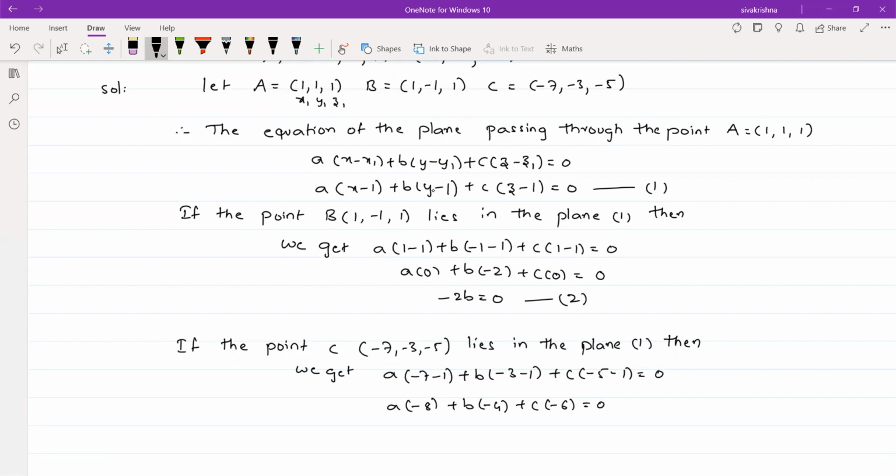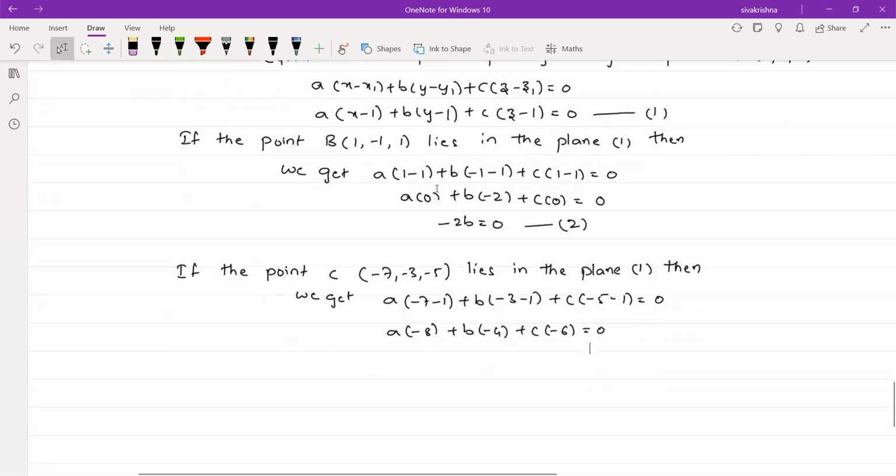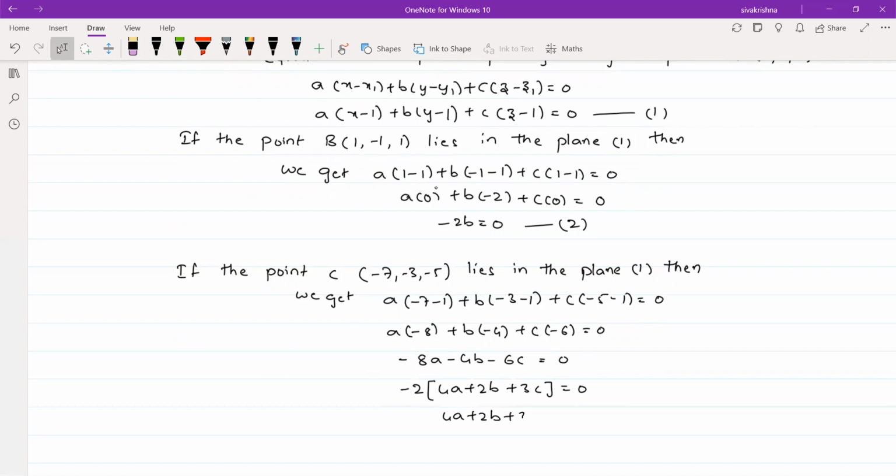So we get one more equation. If you simplify this equation, we get -8a -4b -6c = 0. If we take -2 common in this equation, we get 4a + 2b + 3c = 0.